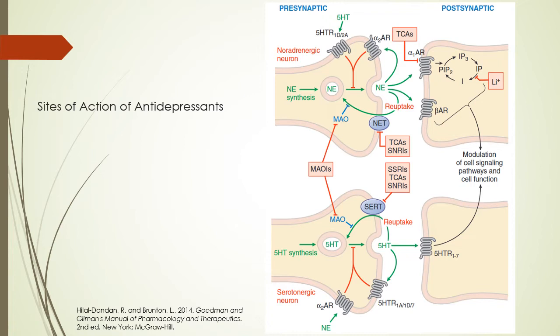They are auto-inhibitory receptors, which in the natural synapse would act to regulate the release. So once the release of serotonin has already occurred, these receptors inhibit further release so that there is no excessive release of serotonin.